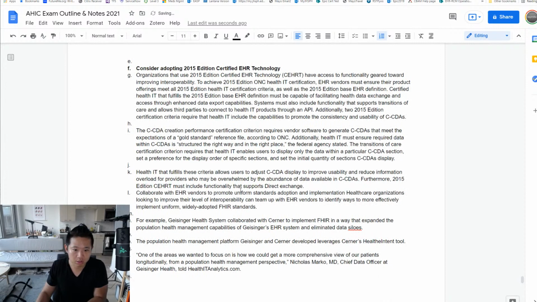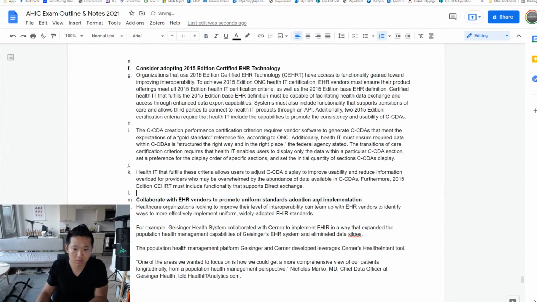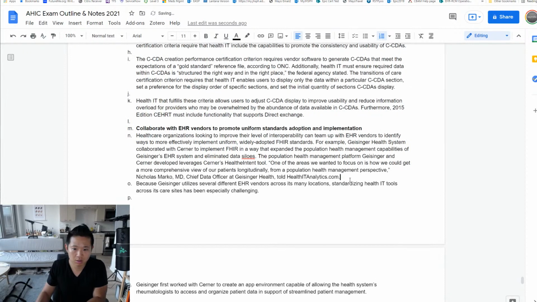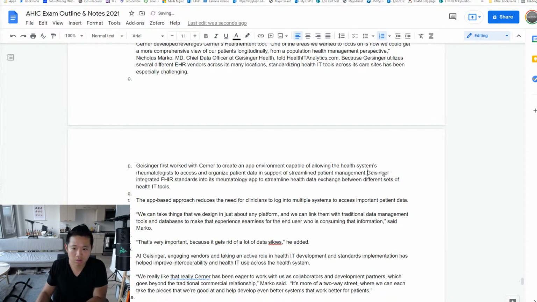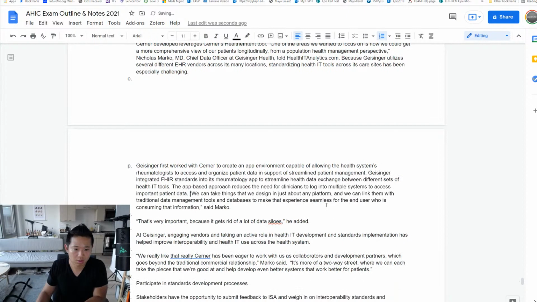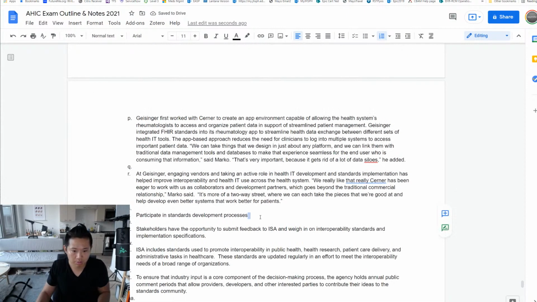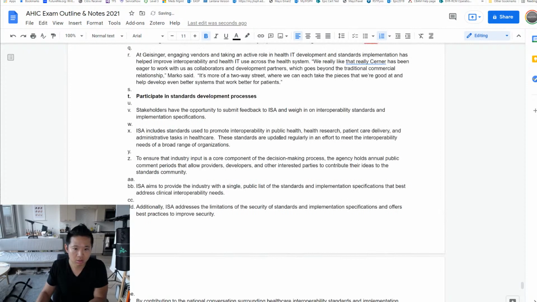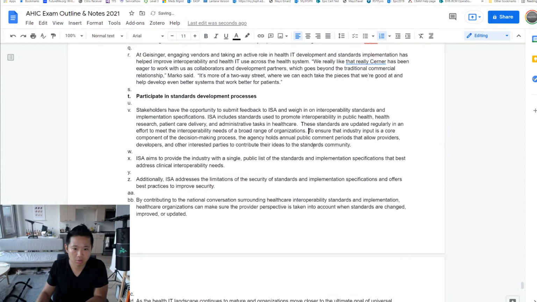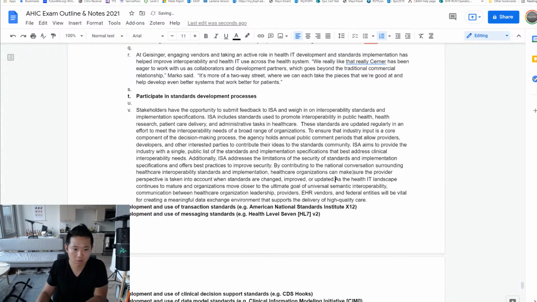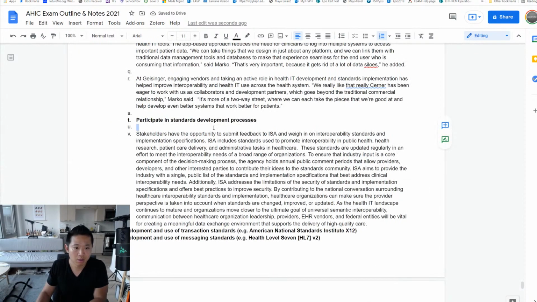No, this is another one. Consider to adopt healthcare. This is another section. Participate in standards development processes. Okay, cool. I think we're good here.